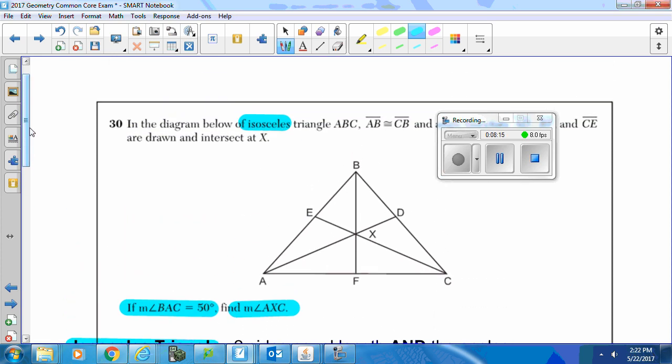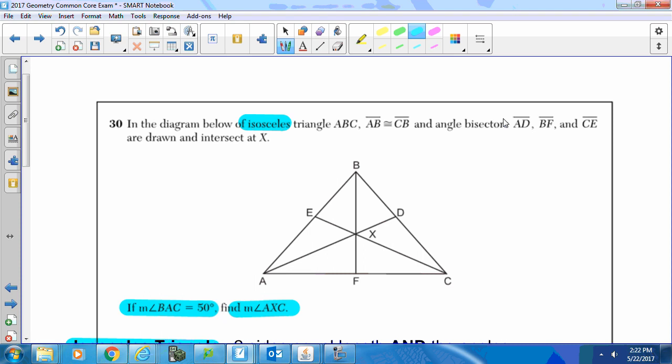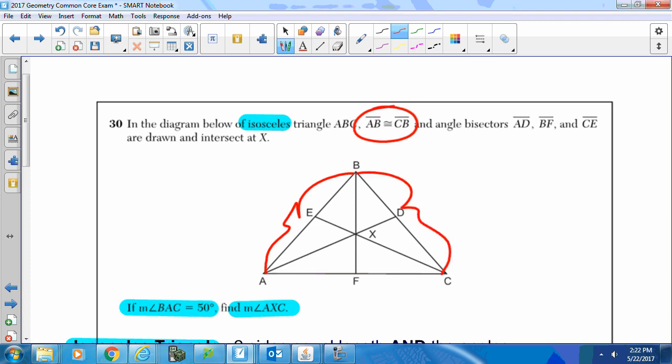All right, now, it says AB is congruent to CB. That means that this side is congruent to this side. That means the opposite angles are also congruent. And let's look at this piece of given information. BAC, that's this angle.